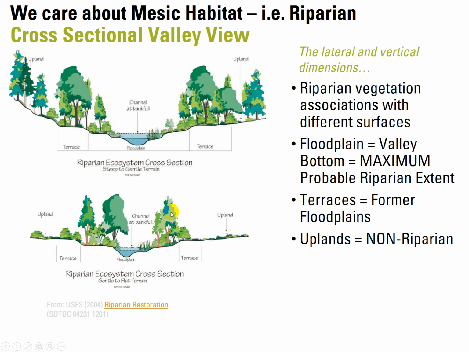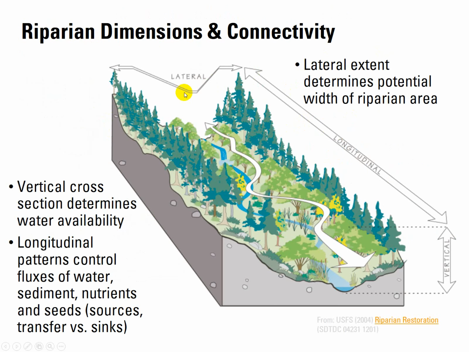Okay, so terraces are abandoned floodplains or former floodplains. The floodplain or the valley bottom, that's the maximum probable riparian extent. Okay, and so the riparian vegetation associations with different surfaces, everything that's within the valley bottom, right, is potentially in play for riparian and or wetland vegetation associations.